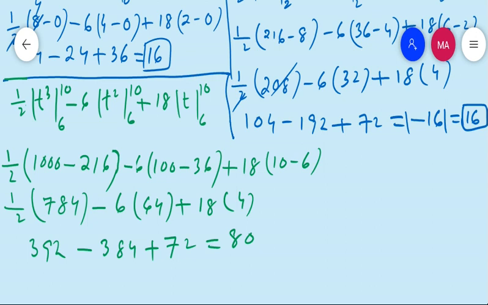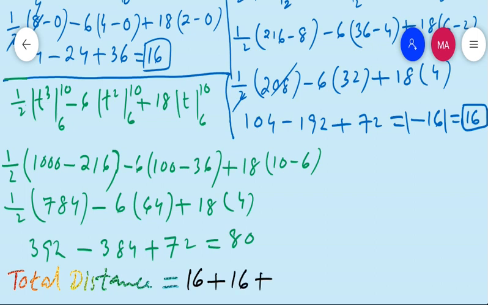Hence, total distance is equal to, the first one was 16, the second one was 16, the third one was 80. This one 16, 16 and 80. 112 meters.